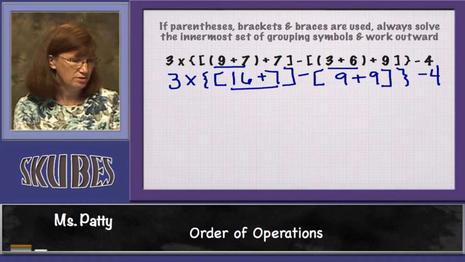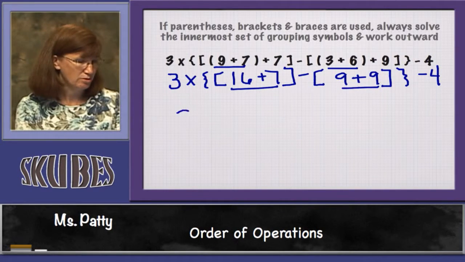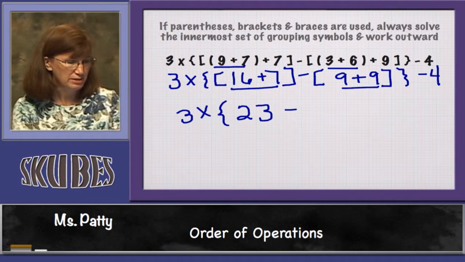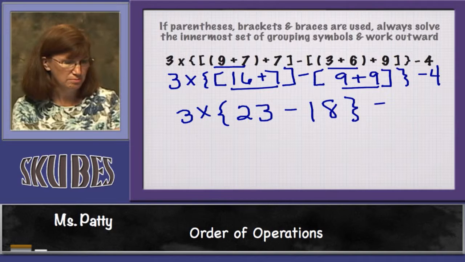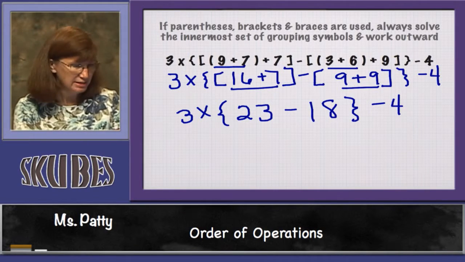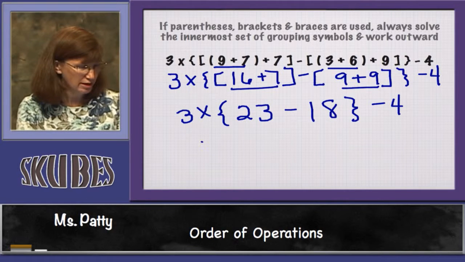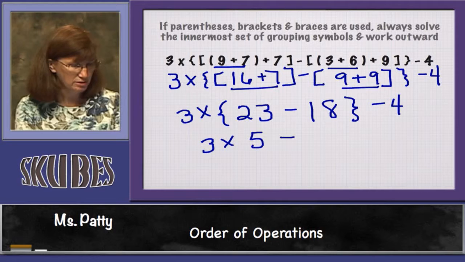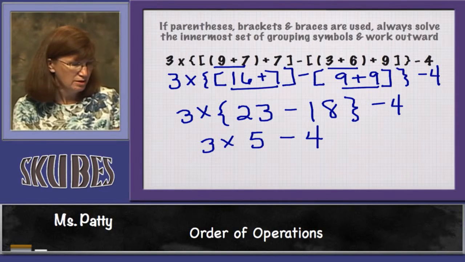Now we're going to solve these two parts. 3 times, draw your brace, 16 plus 7 is 23, minus 9 plus 9 is 18, brace, minus 4. 23 minus 18 is 5, so we'll have 3 times 5 minus 4.